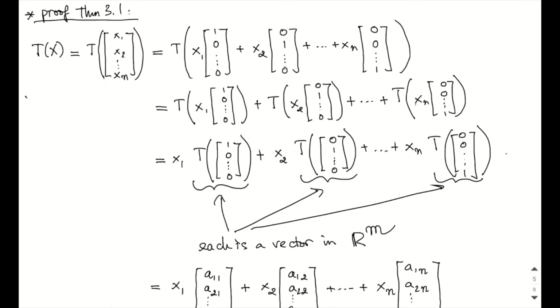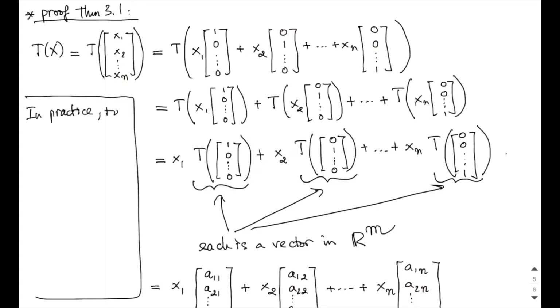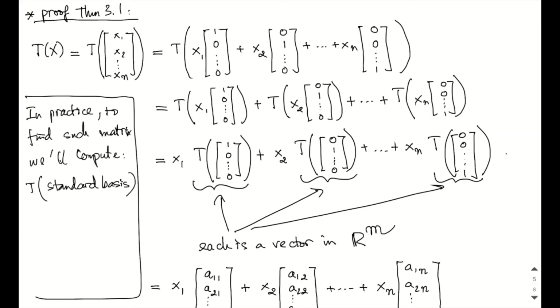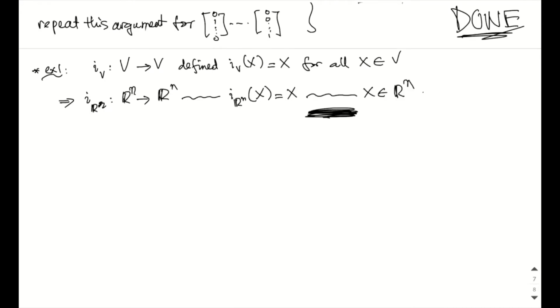All right, so this is what we are doing in practice. To find such matrix, we compute T of the standard basis and then put them into columns. And these are going to be the matrix A that you are looking for. So because this is true for all x in Rn, it has to be true for x being the first vector in the standard basis.